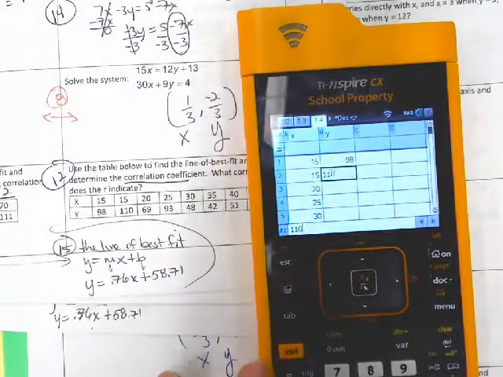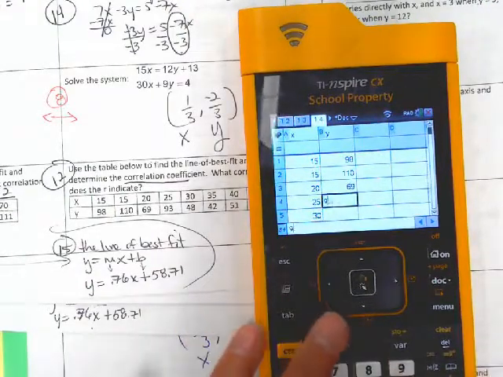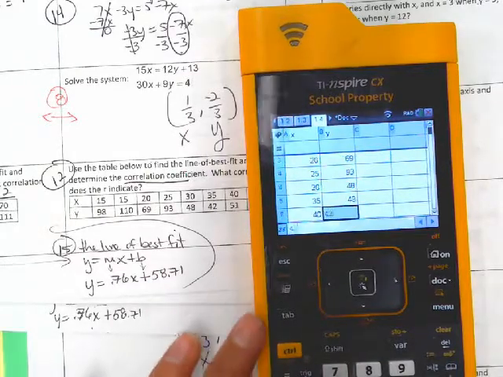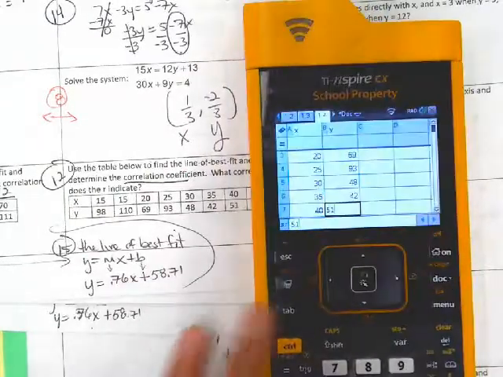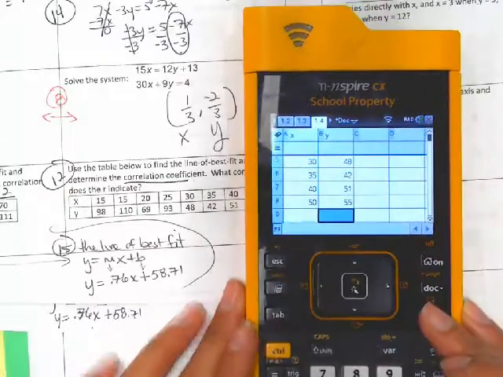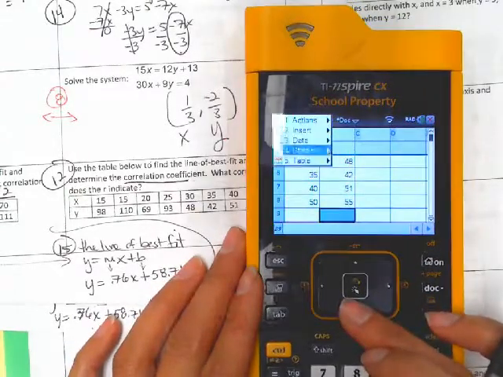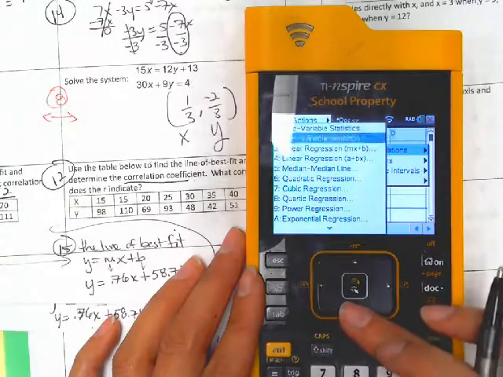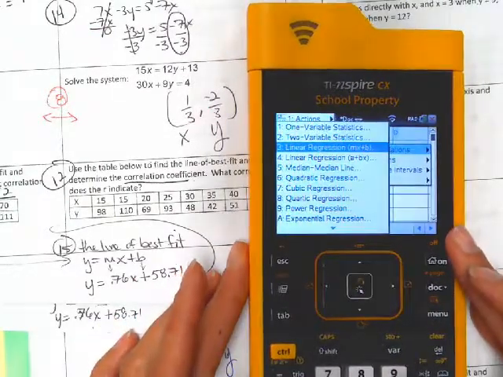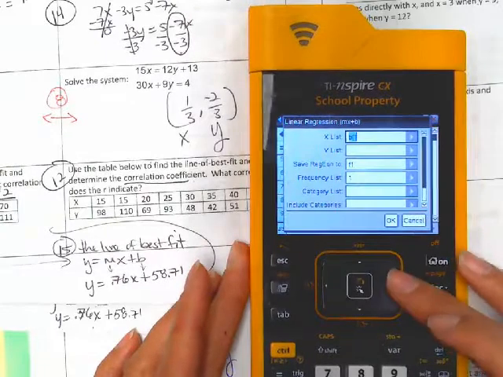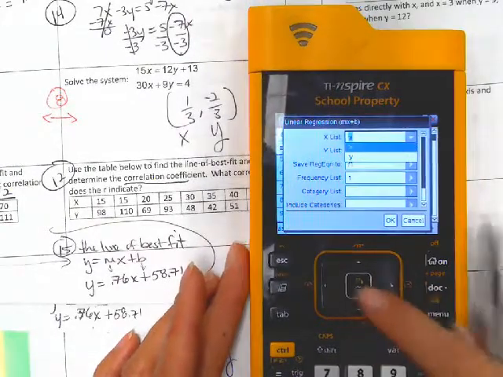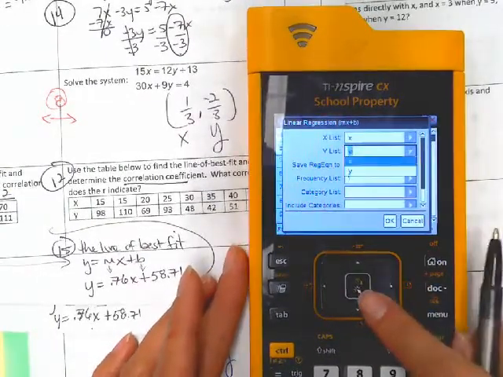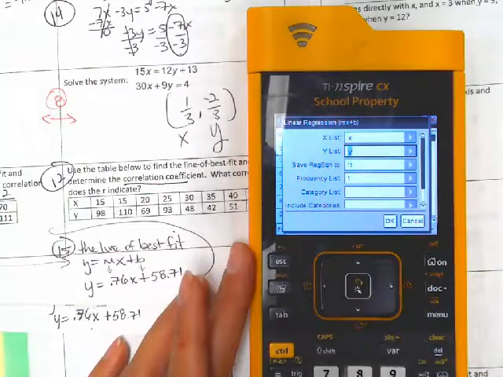Okay, once you have that, you're going to go Menu, Statistics, Stat Calculate, and Linear Regression, MX plus B, that first one right there. Select your X, select the Y, hit OK.